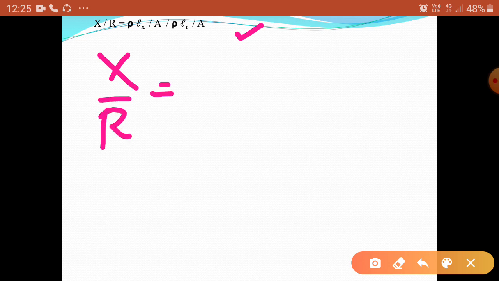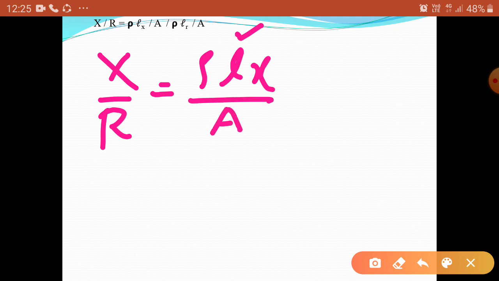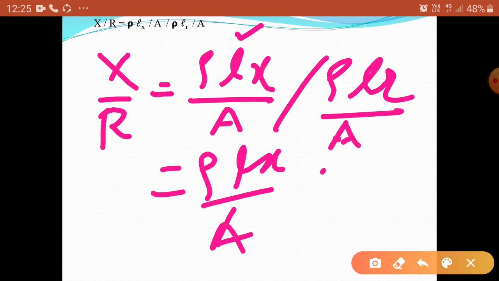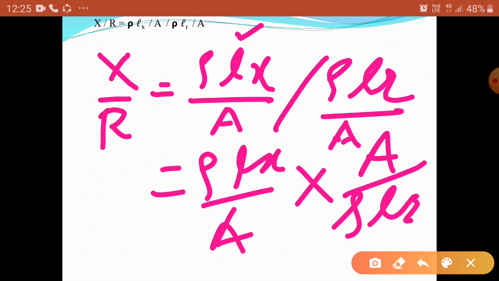From this we can represent X upon R is equal to rho into Lx upon A, upon rho into Lr upon A. That's why we can represent rho into Lx upon A into A upon rho into Lr.